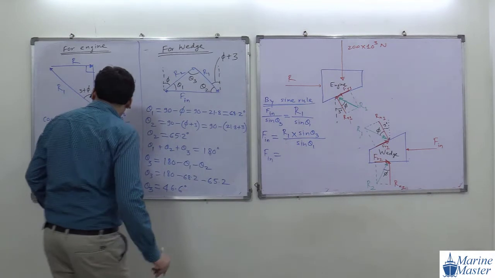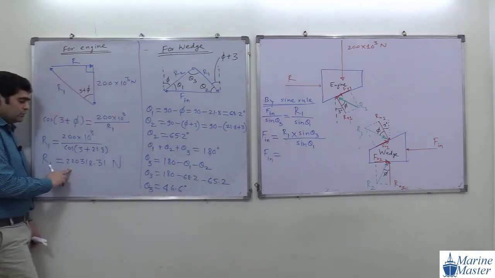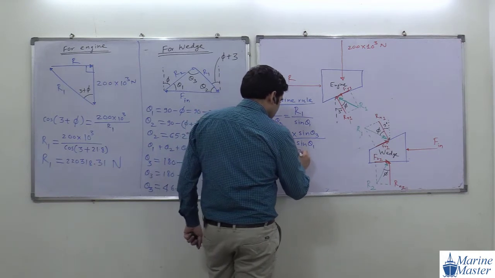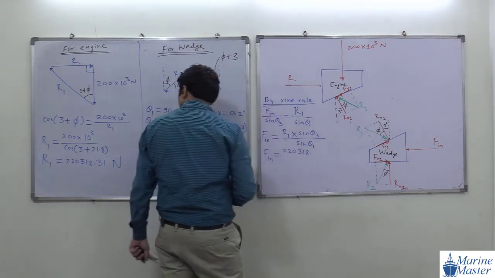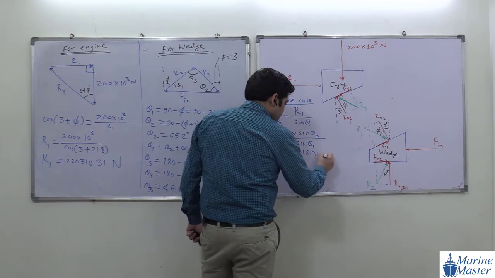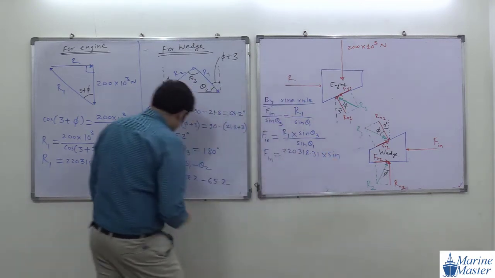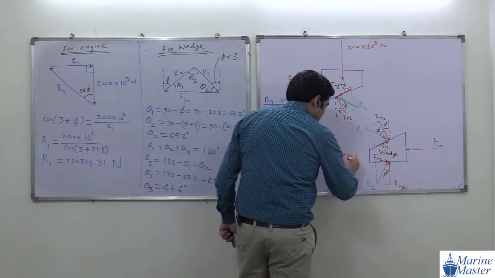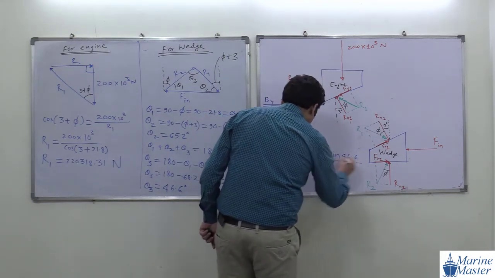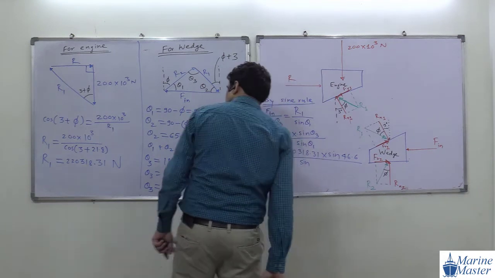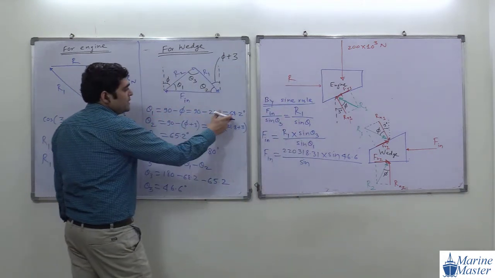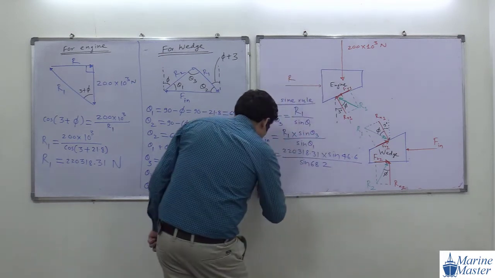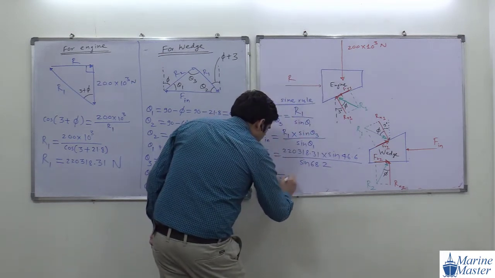R1 we calculated as 220,318.31. Sine of theta 3, we just now calculated 46.6. Please check everything in the class. Theta 1 we calculated as 68.2. So F in will be equal to what, guys?